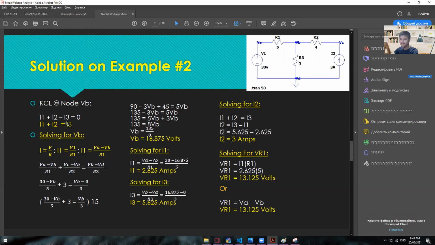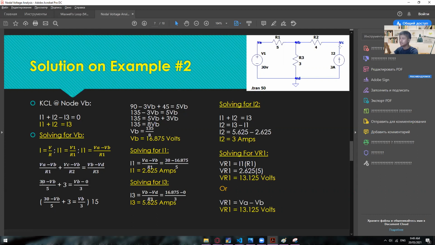And then for the I3, we have here VB minus VD divided by R3, which is now this one. And then from here, you can substitute the given values or the given variables. So VA is 30 volts, minus VB. VB, we don't know that one, so we'll just leave it as it is. And R1 is 5 ohms, which is now this one.